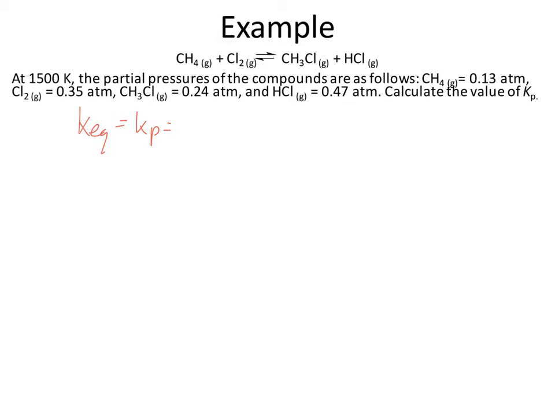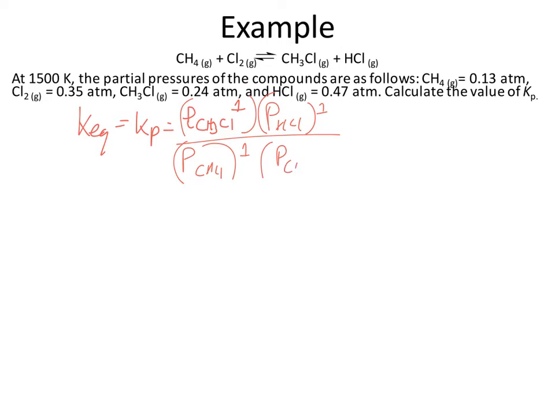So here what we're going to look at, we're going to look at the partial pressure of CH3Cl to the power of 1, because the coefficient of the balanced equation is 1, 1, 1, 1, multiplied by the partial pressure of HCl to the power of 1 over the partial pressure of CH4 to the power of 1, and the partial pressure of Cl2, again, to the power of 1.